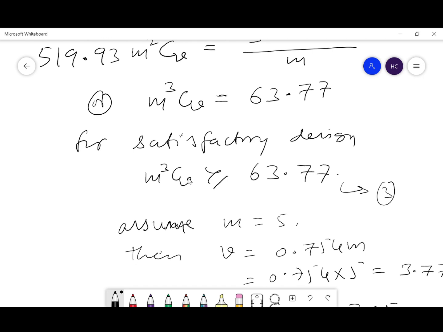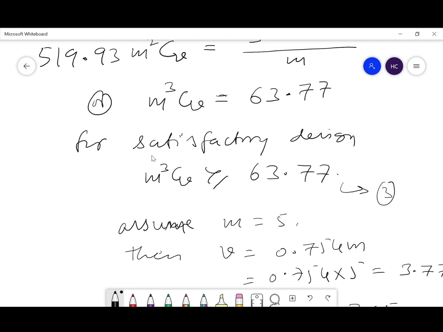For the time being, let us assume Cv as 0.5. If you assume Cv as 0.5 and m as 1, then 0.5 is the LHS.